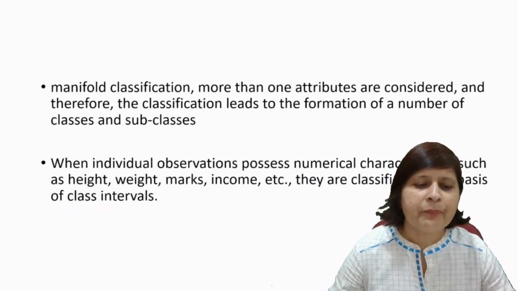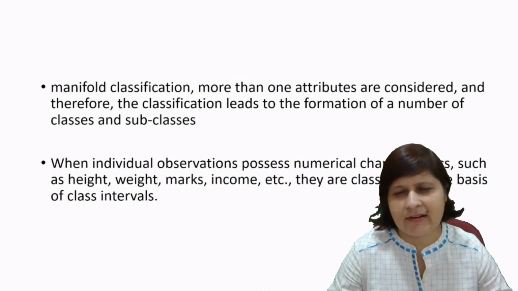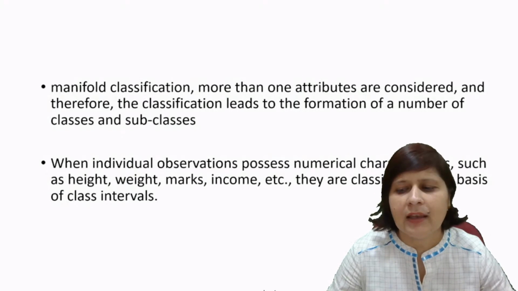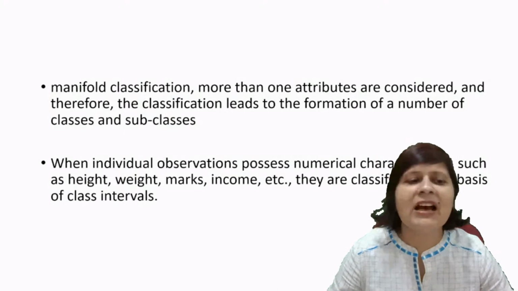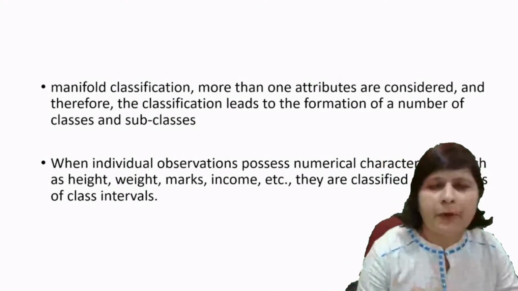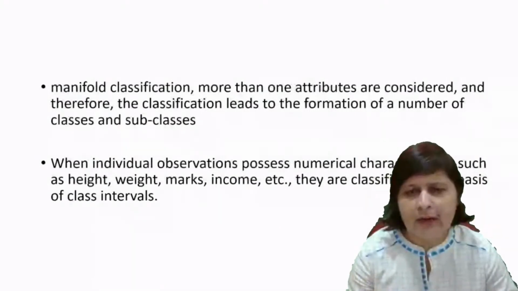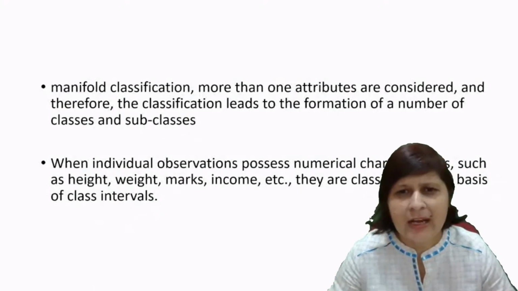The second type is when individuals possess numerical characteristics such as height, weight, marks, incomes, and it is on the basis of class intervals, like age group between 0 to 10, 10 to 20, 20 to 30, 30 to 40, right?